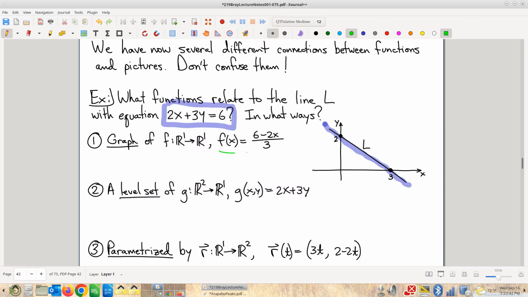How did I get this function? Well, let me be more careful. How did I get this function? Okay, well, let's see here. I'm looking for something that, when I take the graph, I'm looking for something that when I set it equal to y, gives me this equation.